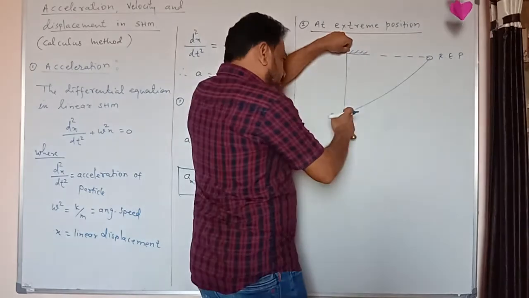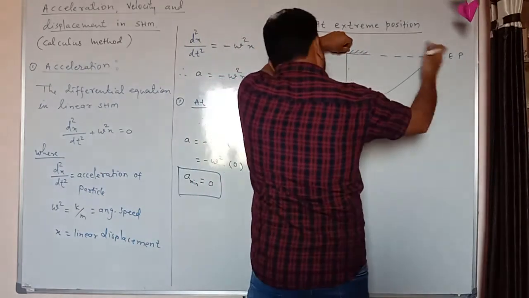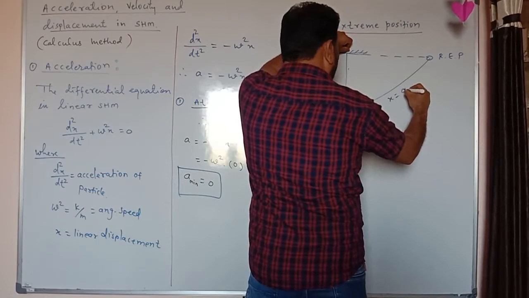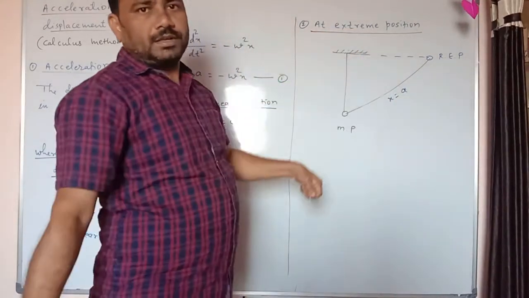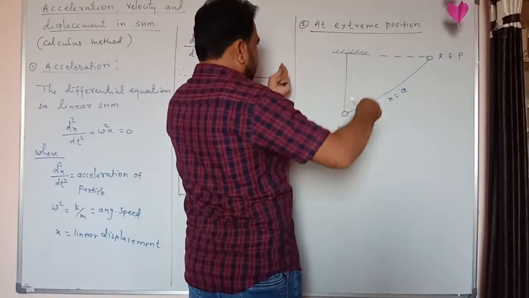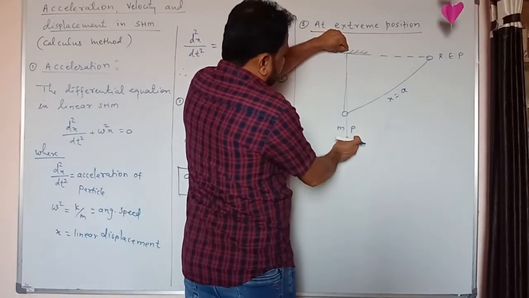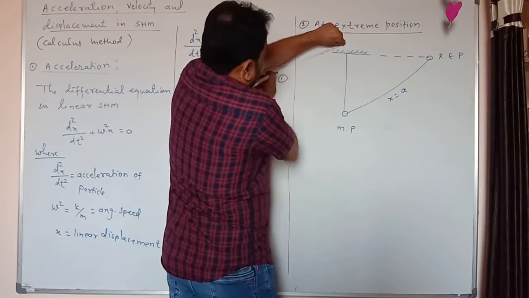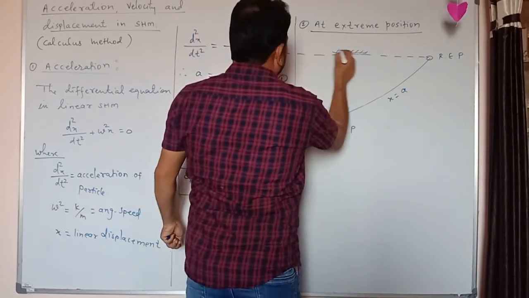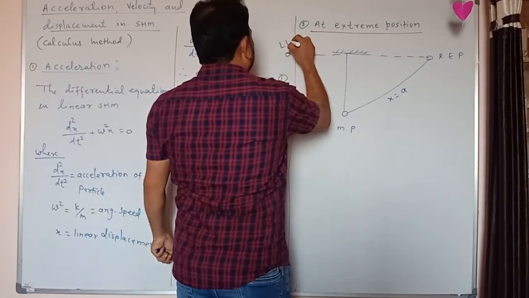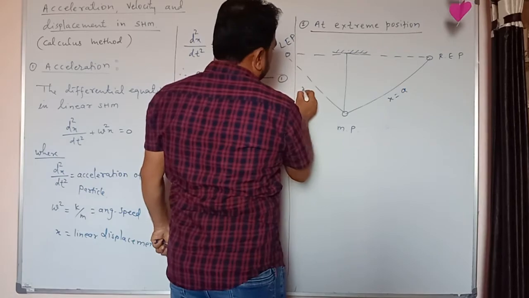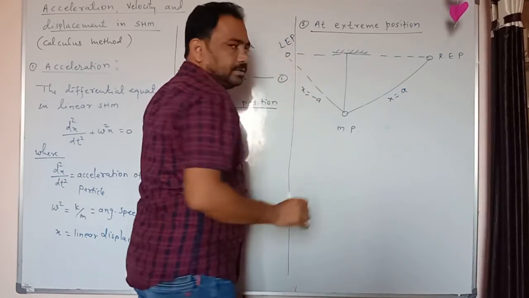Whatever the displacement from mean to right extreme position, that displacement is always equal to A. If we use left extreme position instead of right extreme position, then the displacement is minus A.